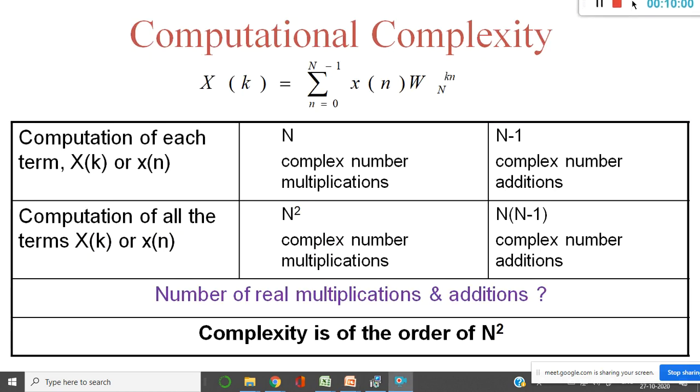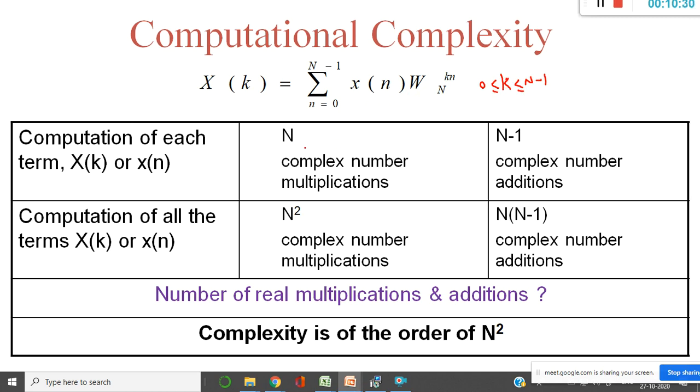Now, coming to the computational complexity. When you look into this particular equation, x of k is equal to summation n runs from 0 to N minus 1 x of n W_N to the power of kn, where k again ranges from 0 to N minus 1. Am I right? So now, how many multiplications are possible for each value of k?